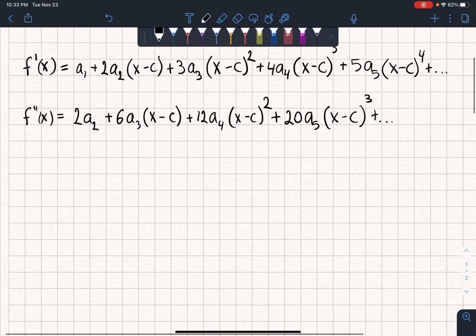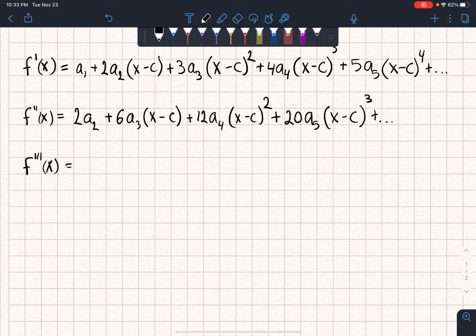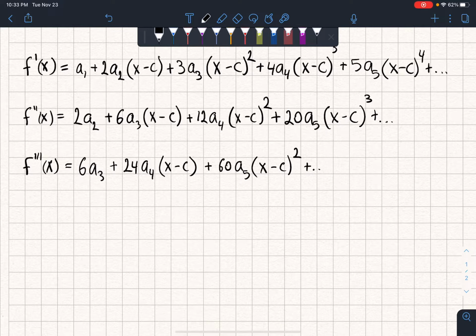So we'll do f triple prime of x, which is 6 a sub 3 plus 12 times 2 is 24, 24 a sub 4 (x minus c). 3 times 20 is 60, so plus 60 a sub 5 (x minus c) squared. All right.